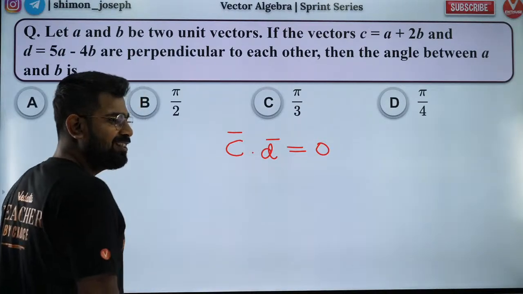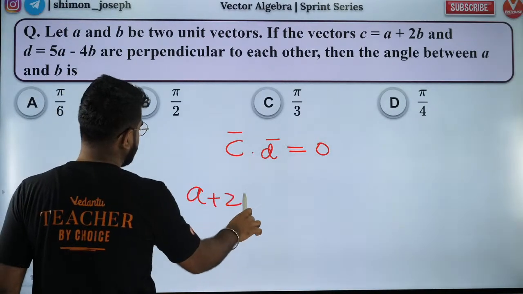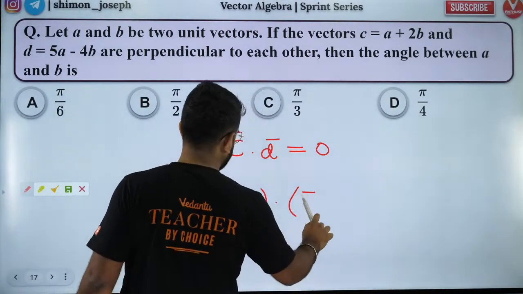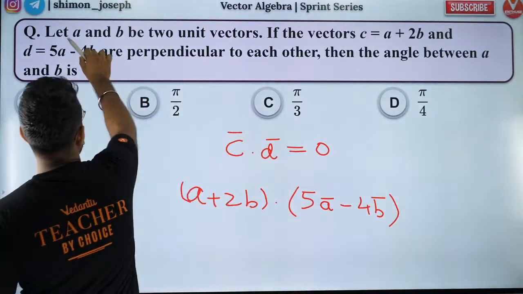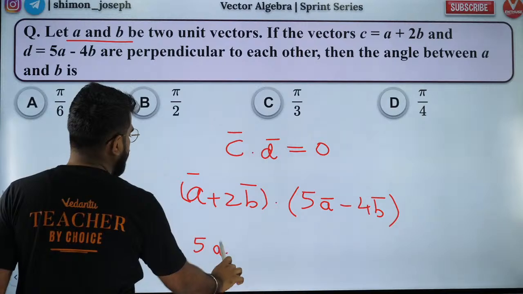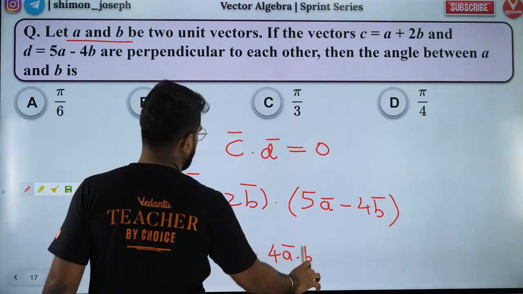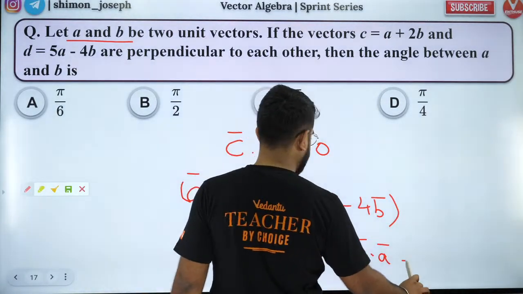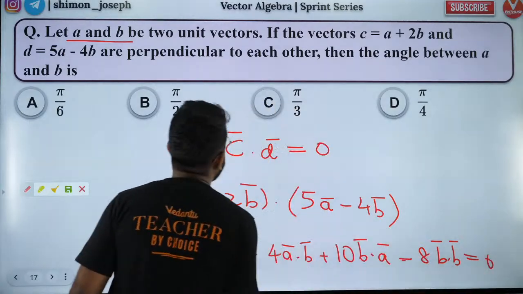Great. Very good. So now, what is C? C is A plus 2B. A plus 2B dot 5A minus 4B. Guys, here A and B are vectors, okay? Don't forget that. So it's going to be 5A dot A minus 4A dot B plus 10B dot A minus 8B dot B. Now, what is A dot A?